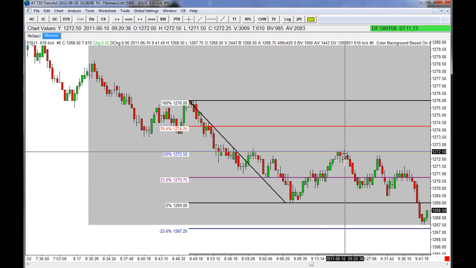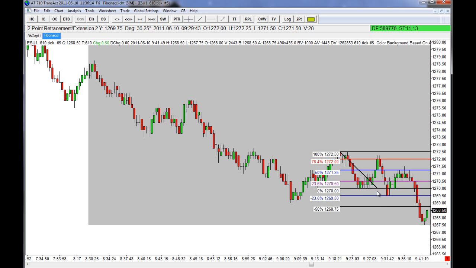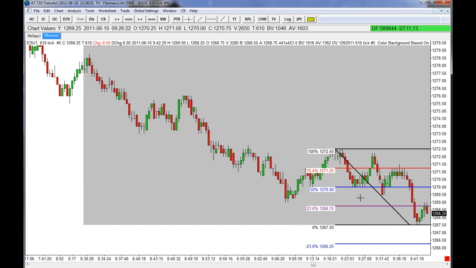So at this point I drew a new fib from this high to this low. Okay, it does meet the criteria for the first rule.